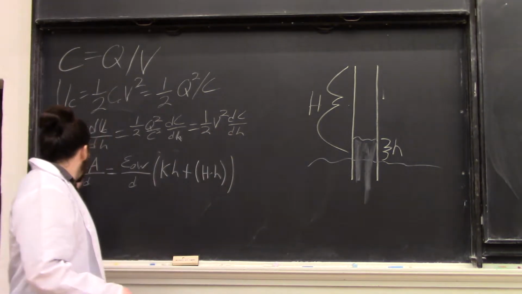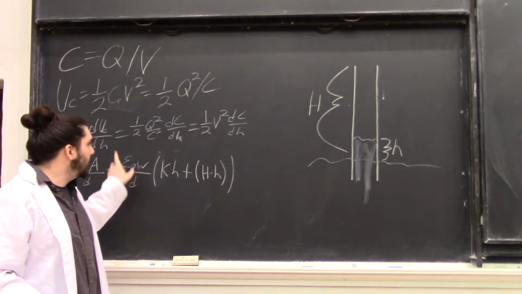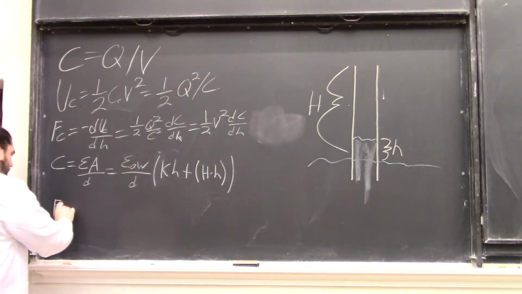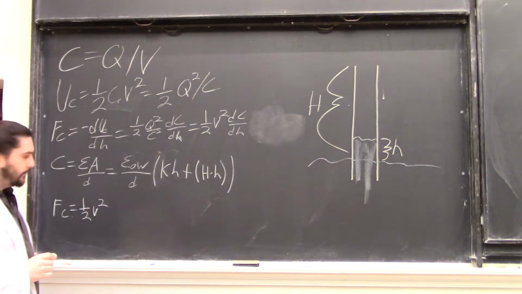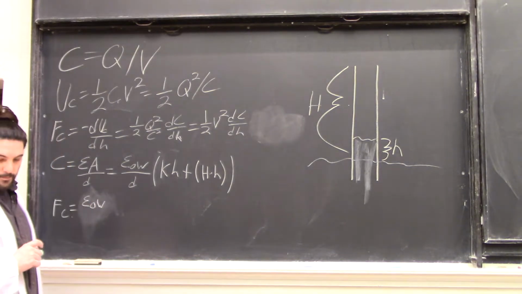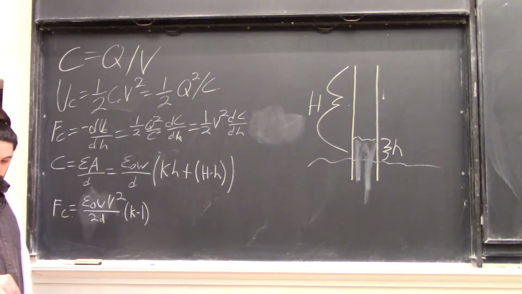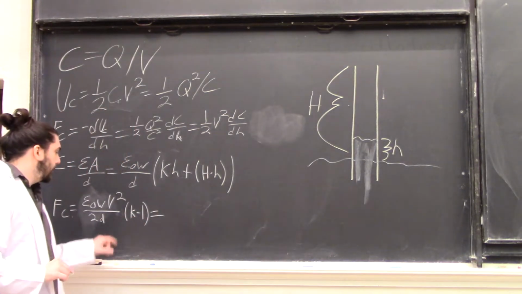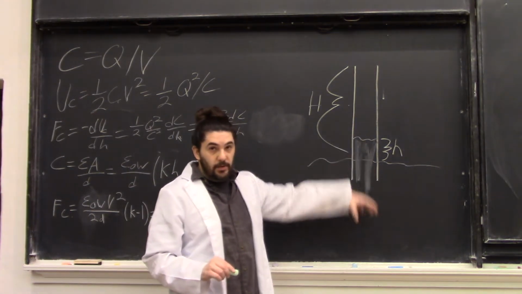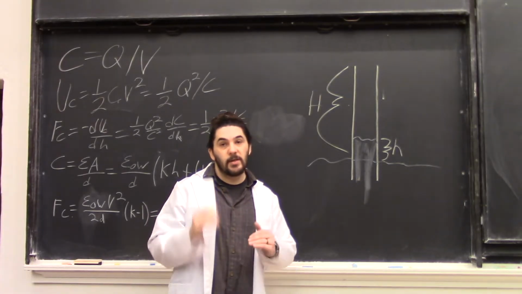So dC/dh is just going to be epsilon naught W over d times K minus 1. And that will be counteracted by the force of gravity pulling this back down. So we need to find the point where those two forces are equal.